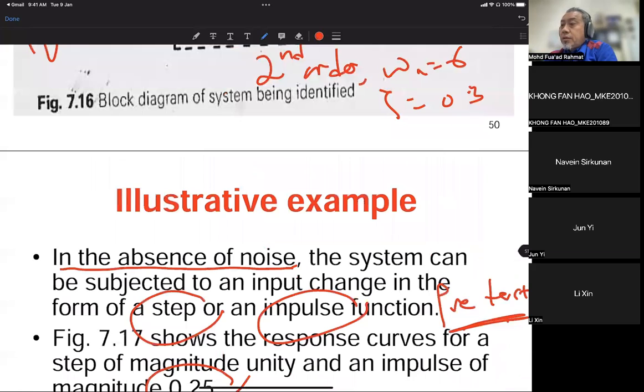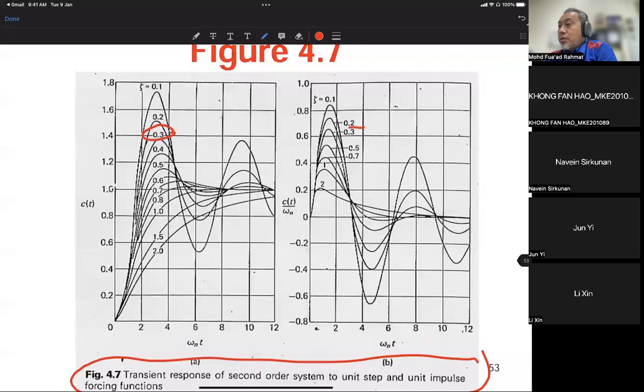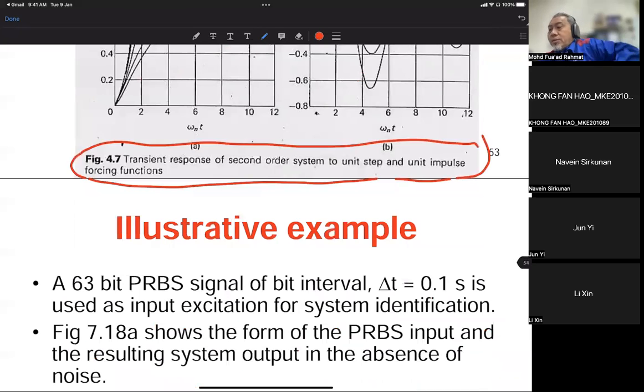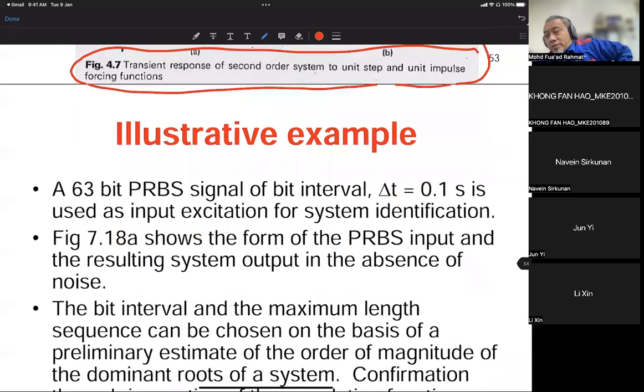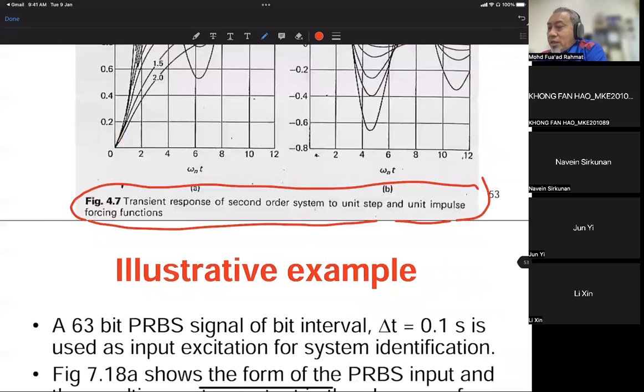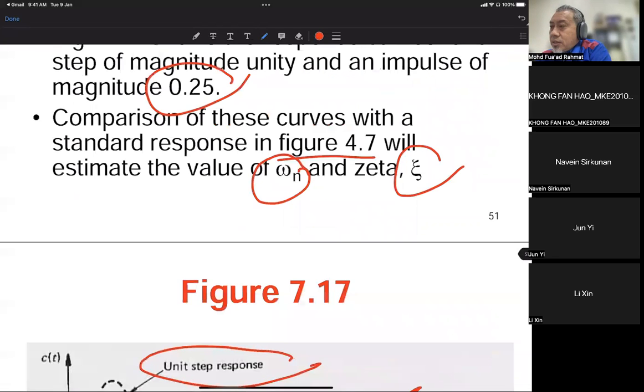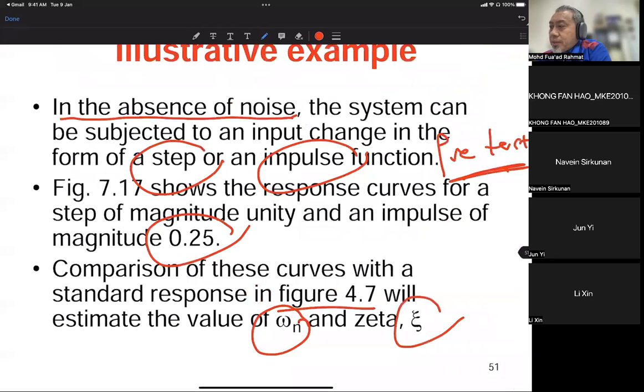If you see the curve there, it goes up from 0, then up to 0.3, and then oscillates, and then gets the final value. So that is the pre-test. From the pre-test, we obtain the zeta, which is 0.3. Then we achieve omega n, then we achieve omega d.